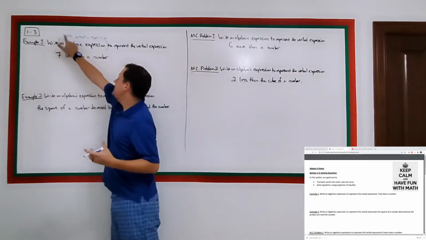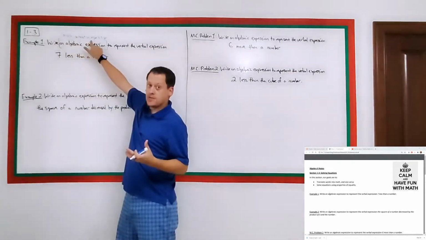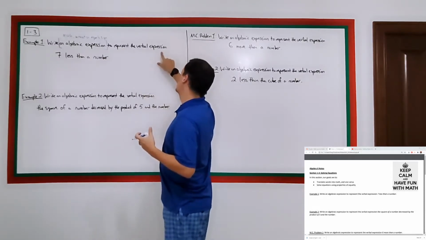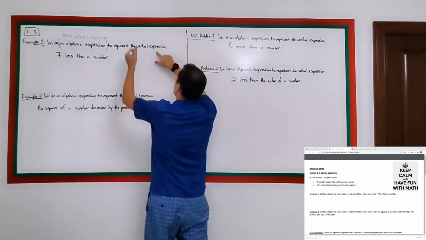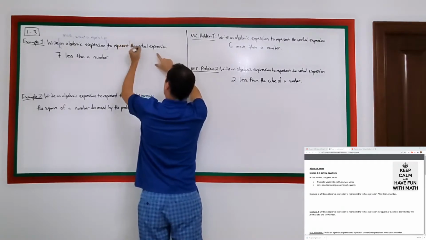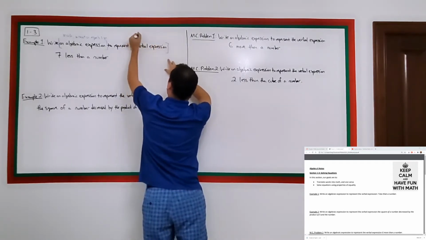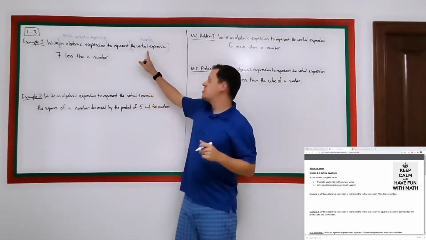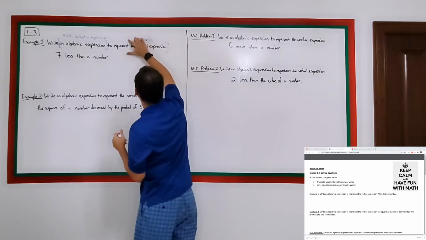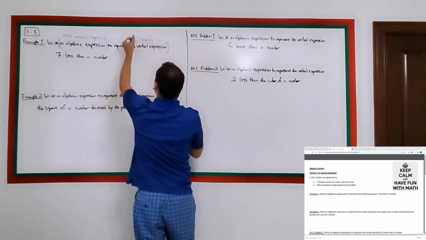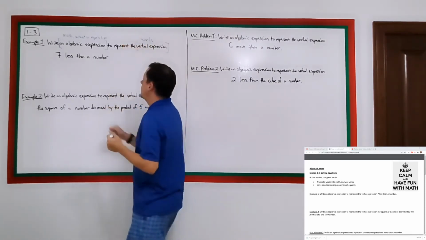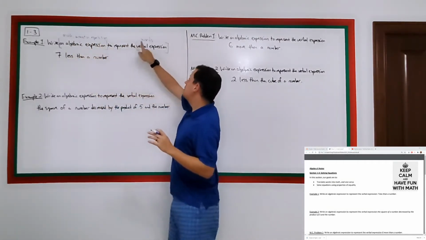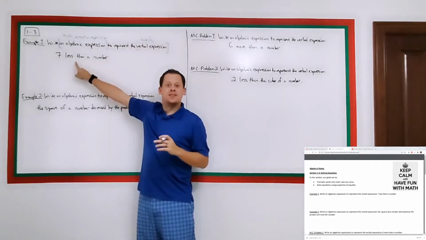So we want to write math without an equal sign to represent the verbal expression, the verbal expression being words. I'll actually start my brackets here after the word the, so it makes a complete sentence. Okay. So we want to write math without an equal sign to represent the words 7 less than a number.